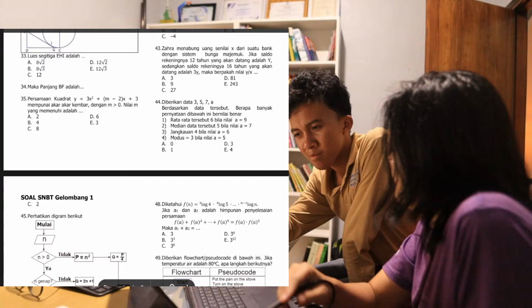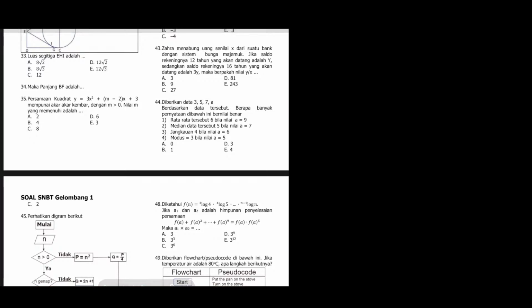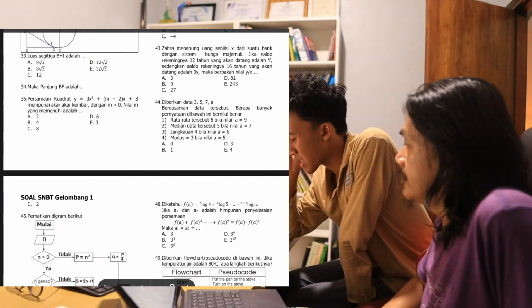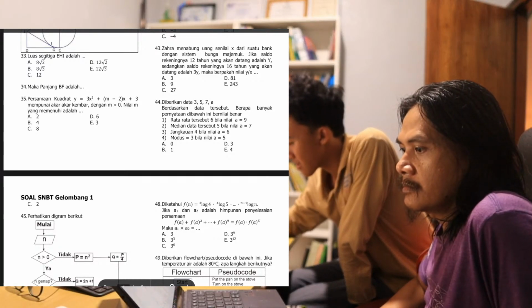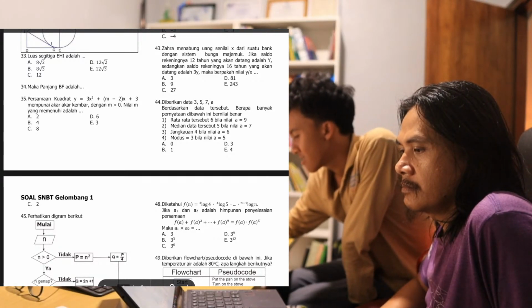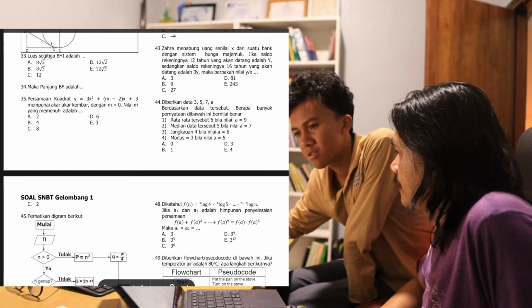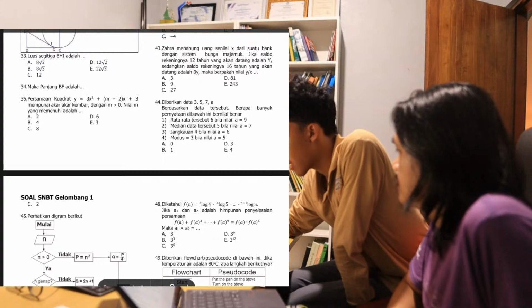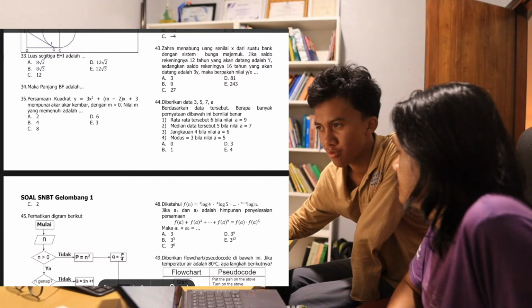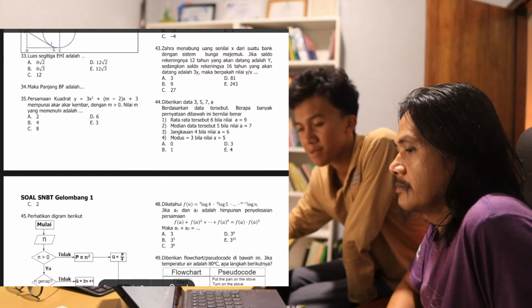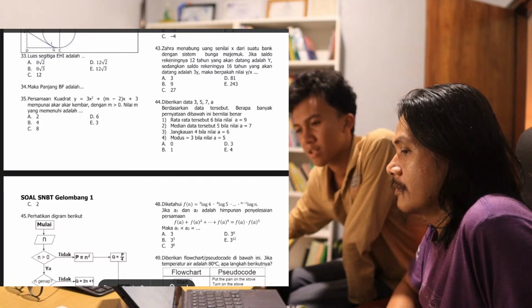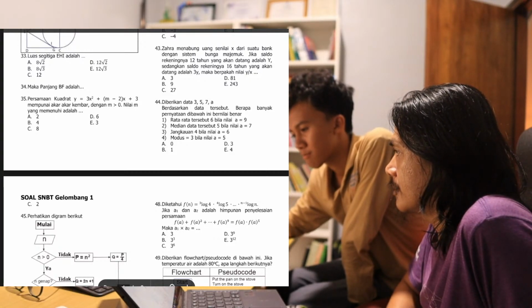Oh wait, no, this is the same thing. See, the sign is -2. Oh, it's 8 then. That's also -4. I'm missing my -2 times 2, it's -4. So -4 times -4.